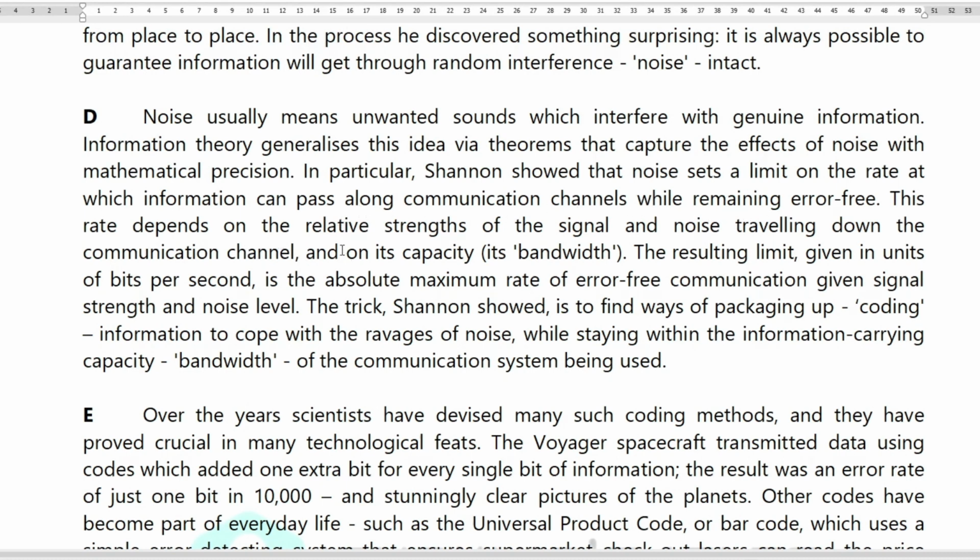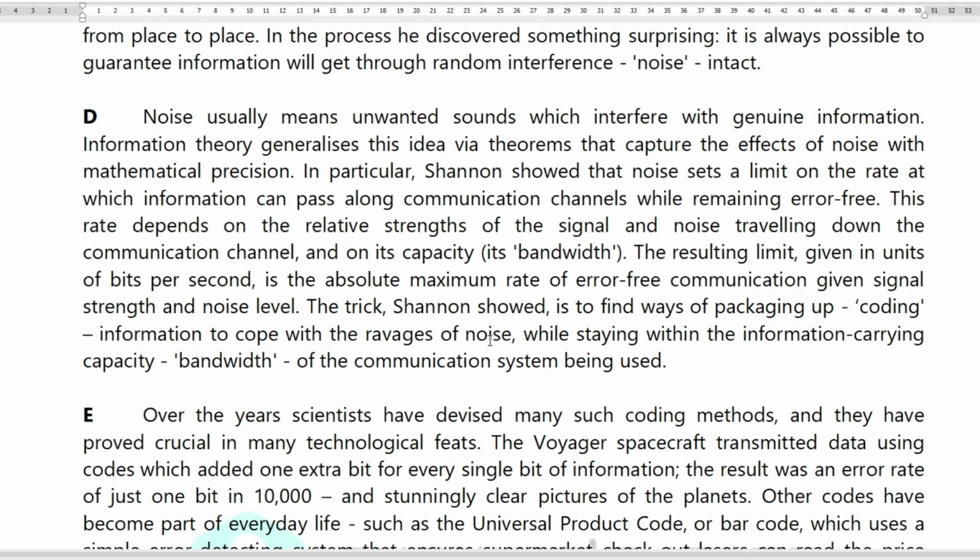This rate depends on the relative strengths of the signal and noise traveling down the communication channel and its capacity, its bandwidth. The resulting limit, given in units of bits per second, is the absolute maximum rate of error-free communication given signal strength and noise level. The trick Shannon showed is to find ways of packaging up coding information to cope, meaning to deal with the ravages of noise.